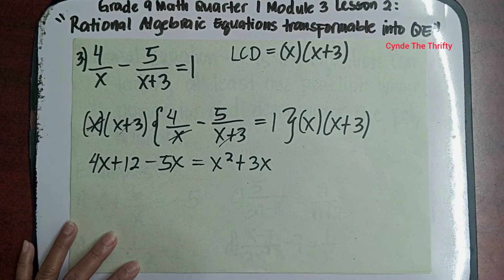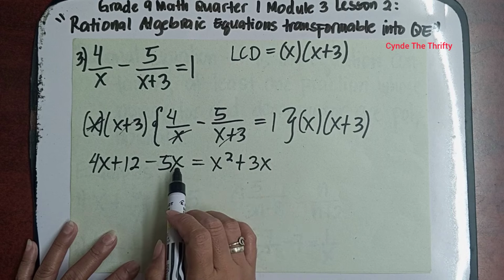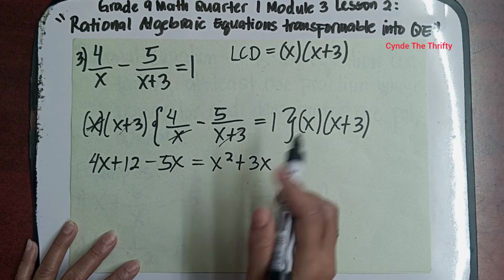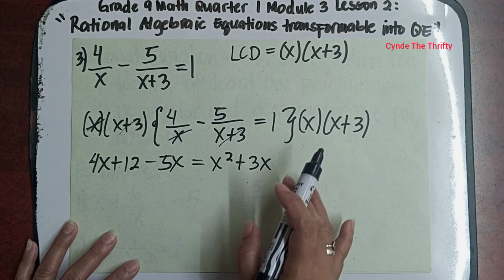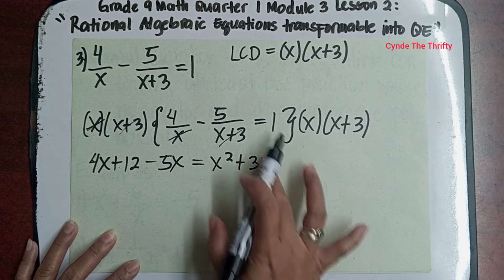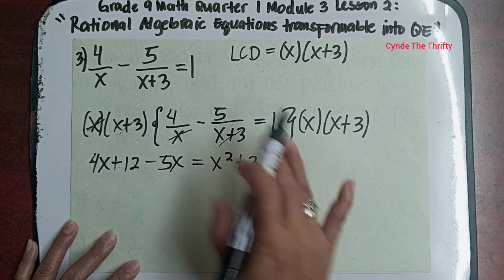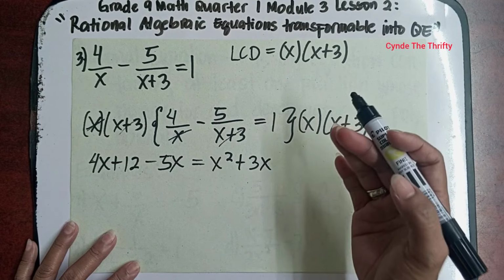So ngayon, ang gagawin natin is i-combine lang natin ang magkaparehong term. Okay, so titingnan nyo na si x squared is nandito sa right side at hindi tayo pwedeng maging negative kay x squared. So ang gagawin natin, pagpalitin lang natin sila ng pwesto. So itong term na nandito, ilipat natin sa kabila at itong term na nandito, ilipat natin sa kabila. Kapag ganun yung ginawa natin, walang magbabago na sign. Okay?